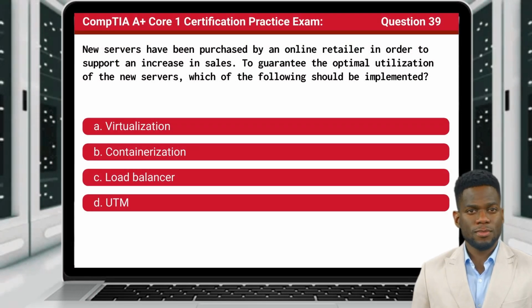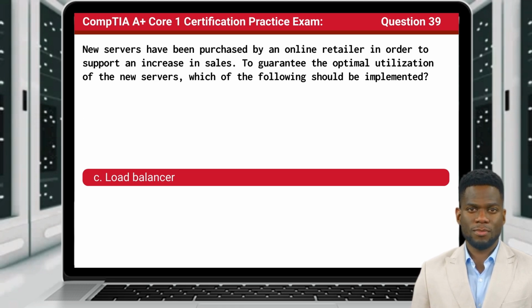Question 39. New servers have been purchased by an online retailer in order to support an increase in sales. To guarantee the optimal utilization of the new servers, which of the following should be implemented? The answer is C. Load balancer.